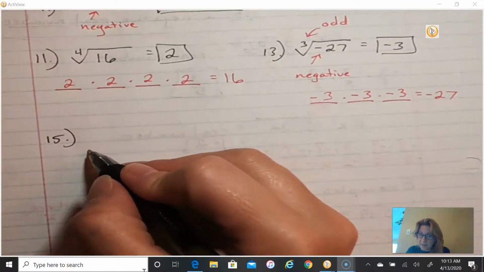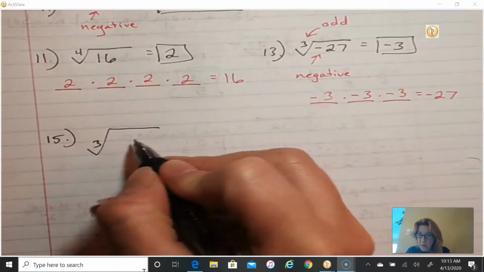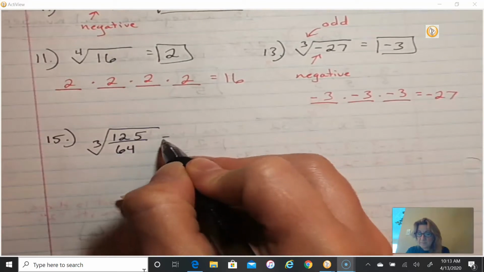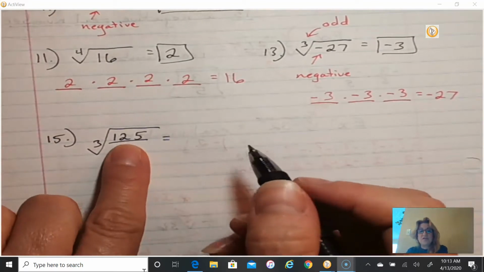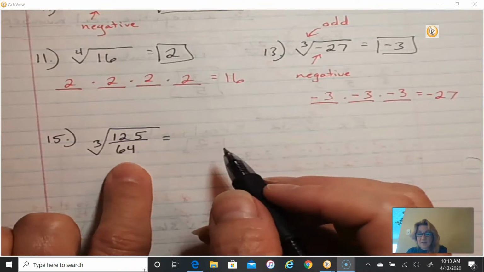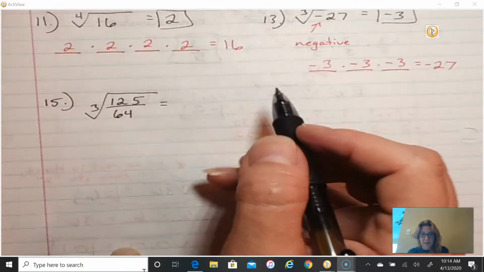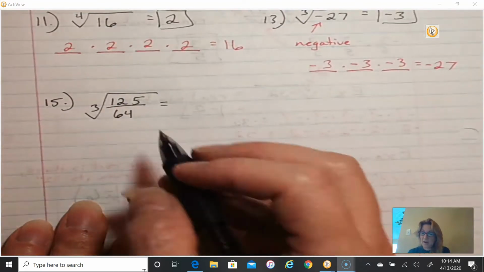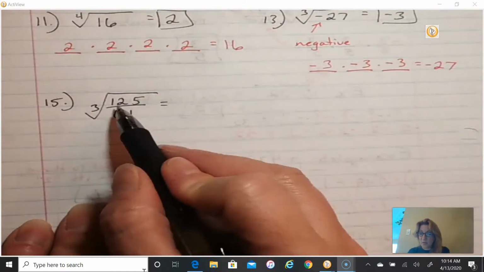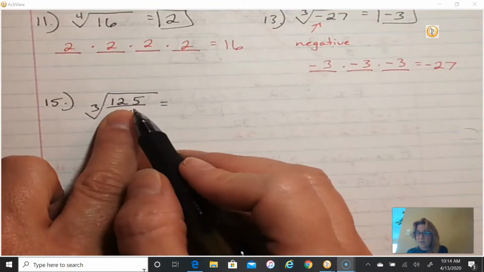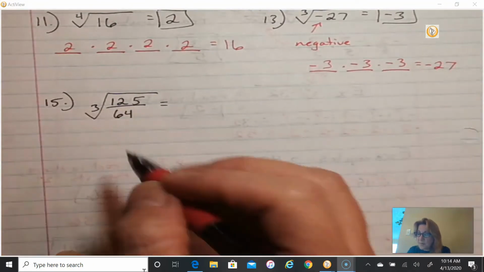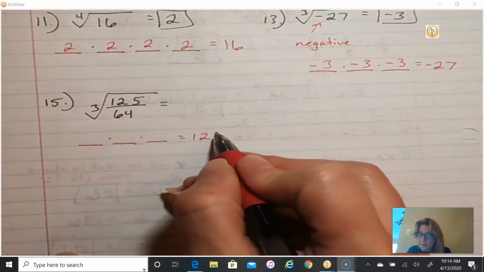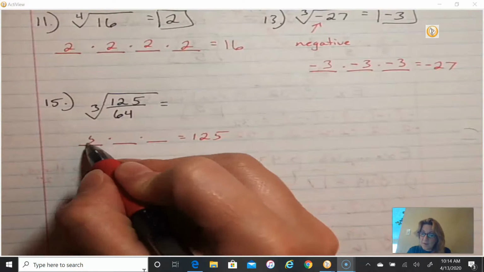All right, 15. Try this on your own. Pause the video and then come back and see if you're correct. Now remember with this, just look at the top number and then just look at the bottom number. You can use your calculators on this one, but you're going to have to separate it. So what number times itself 3 times is going to give you 125? 5.